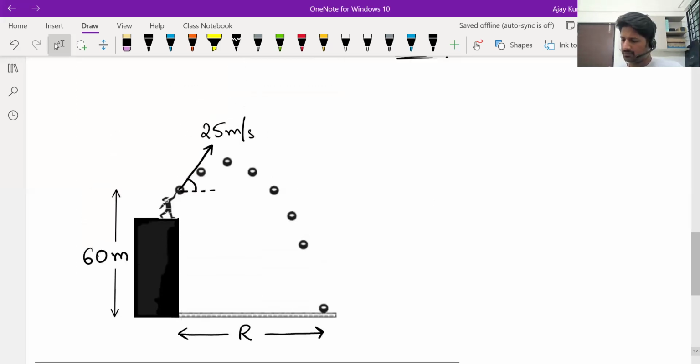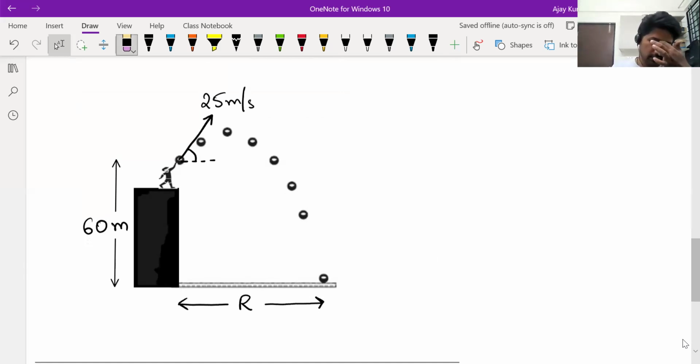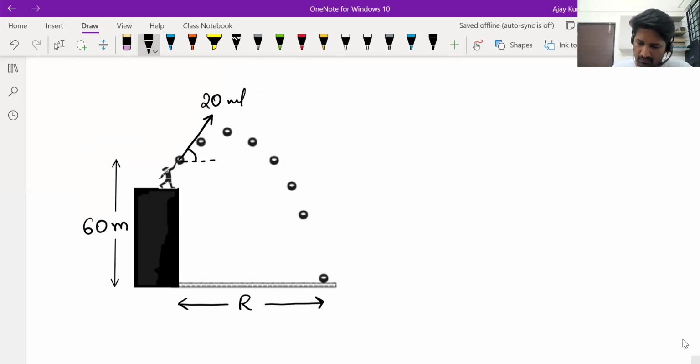Fine. So the speed of projection, let's not even take it as 25, let's take it as 20. The height from which it is projected is 60 meters. The question now is to find the angle of projection such that the horizontal range is maximum. So we have to maximize this.